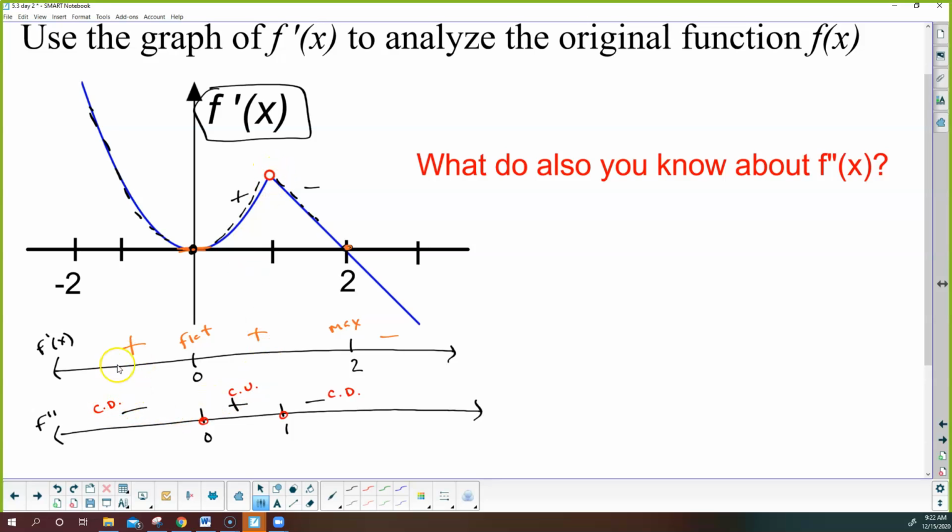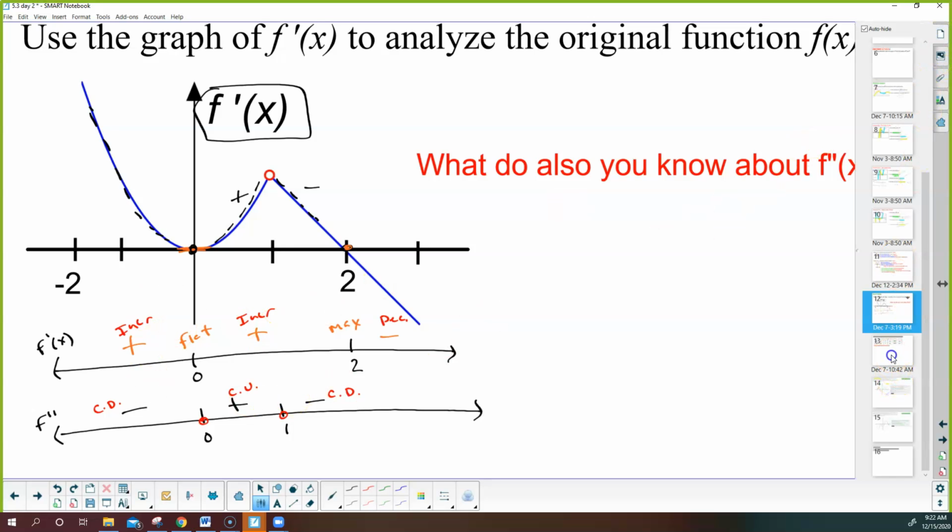So we can determine, I know the original graph is increasing if its first derivative is positive, and then it would be decreasing. But I also know concavity based off of this graph. So just making a sign chart sometimes can make this a little easier.